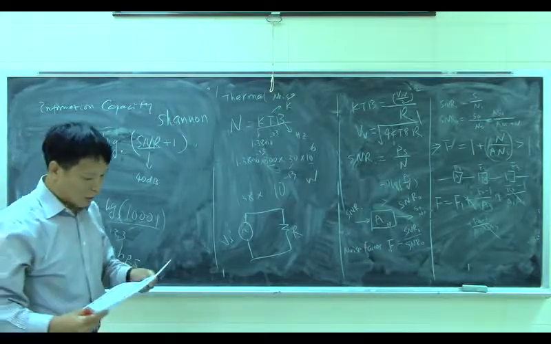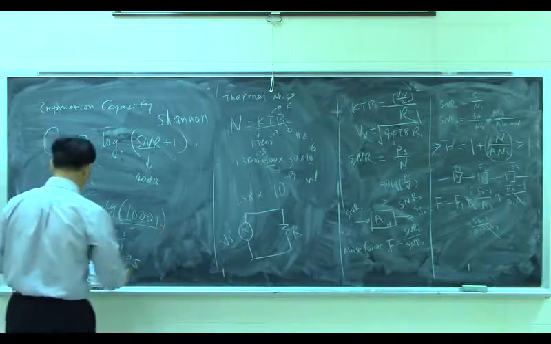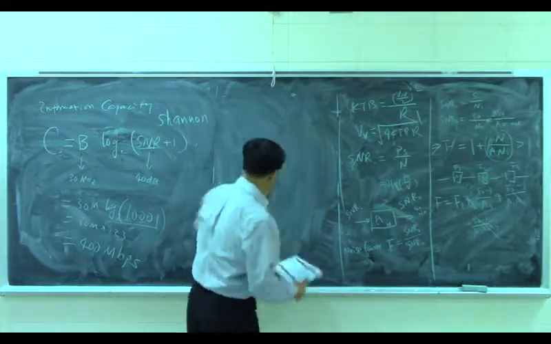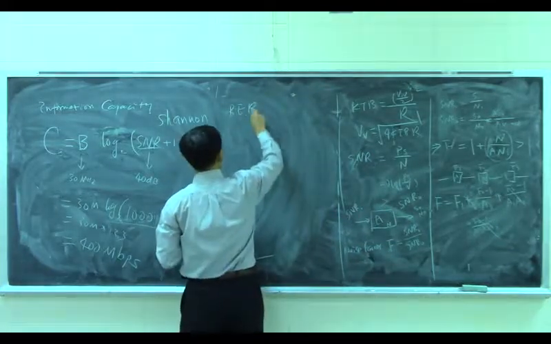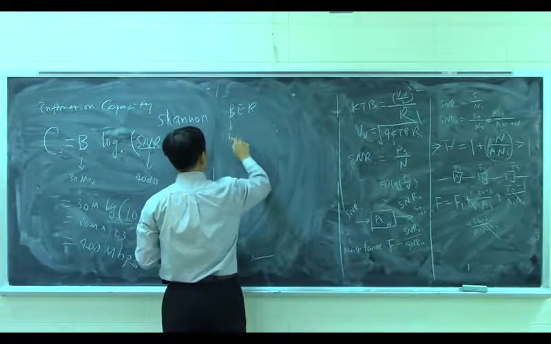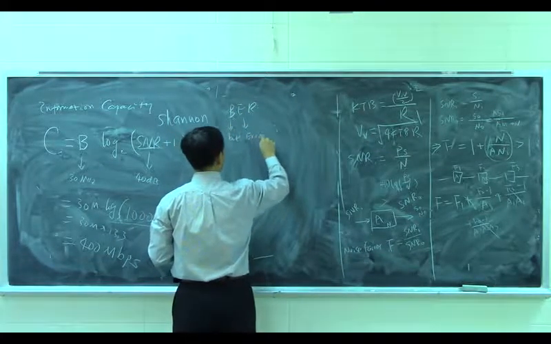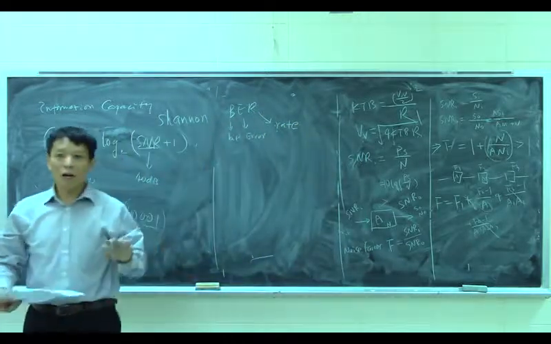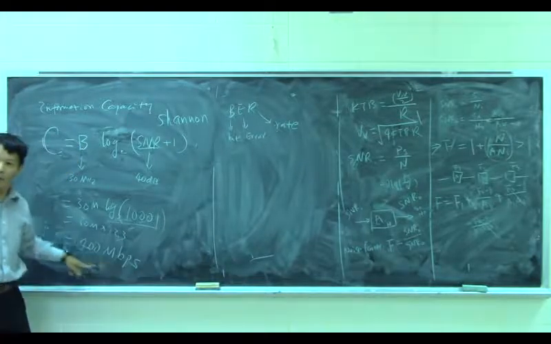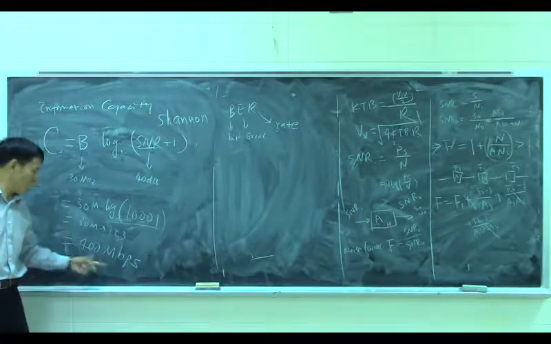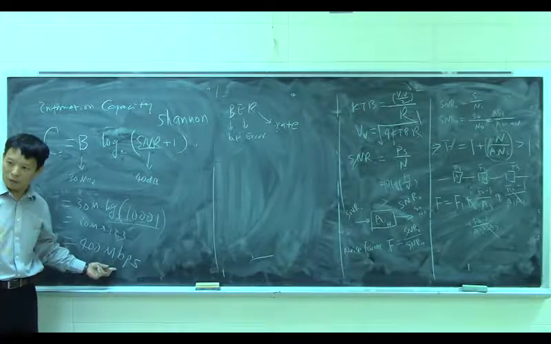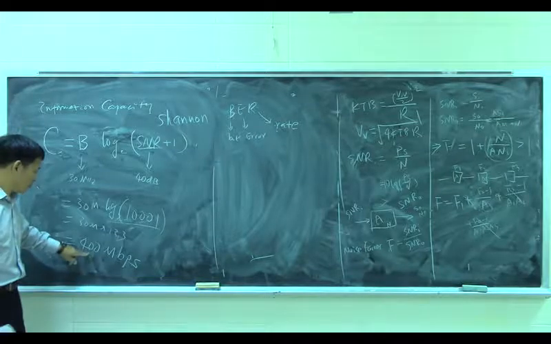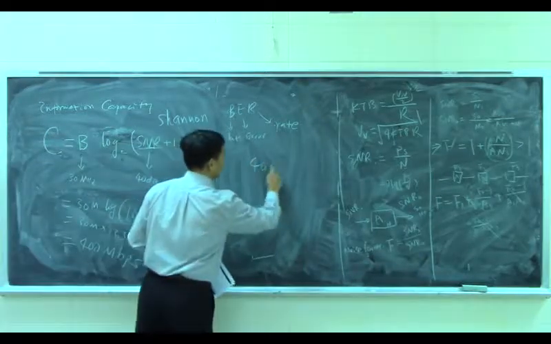The last topic is called the bit error rate, BER. We just mentioned this. For example, I transmit at this speed, so in each second I transmit 400 million bits. Because of some errors, suppose 400 bits are wrong.